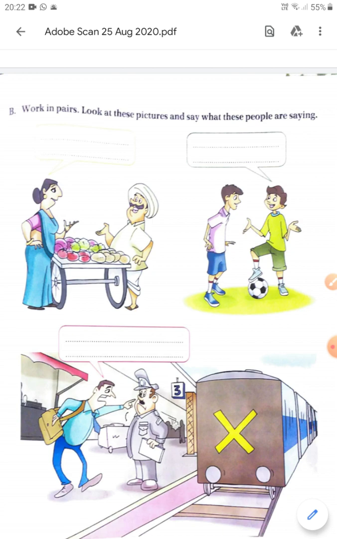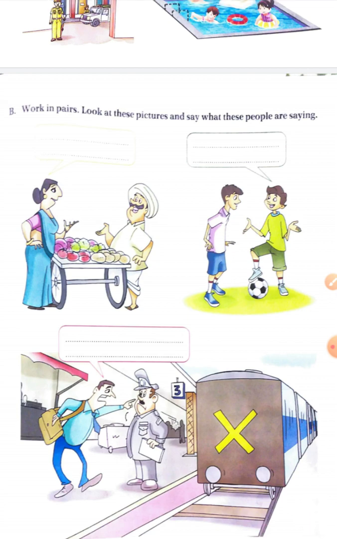So this is what they must be saying. We have to see the faces and understand the emotions. They are not sad, they are happy. The person in yellow t-shirt is kind of asking something. So it must be, would you like to play in my team or with me? The other boy is looking happy.